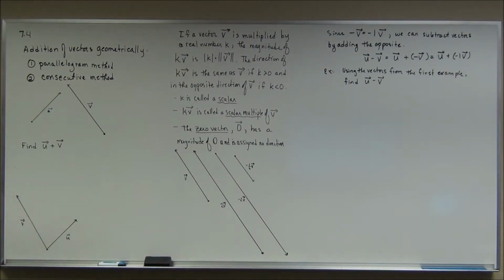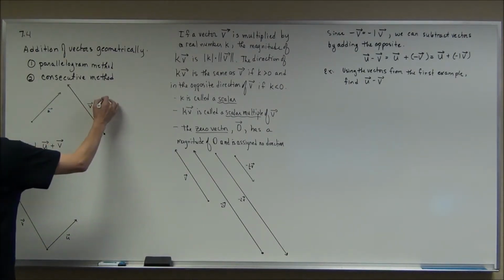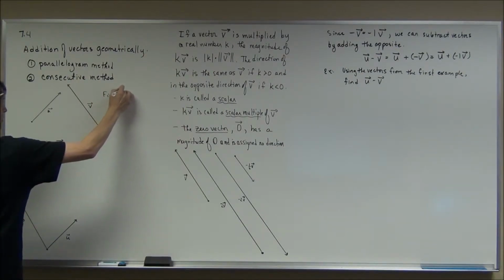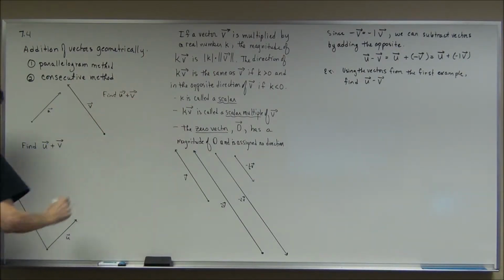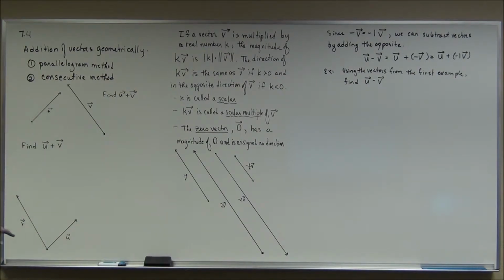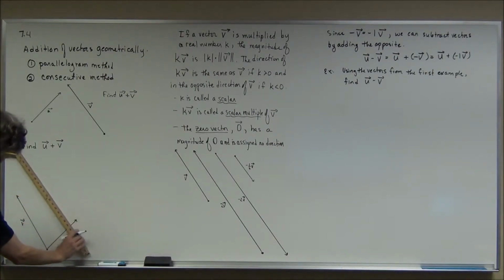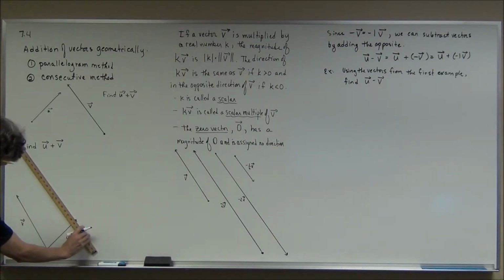Now notice that I've drawn these here. I'm going to put this up here because I might need some space. Let's find vector u plus vector v. I'm going to use the parallelogram method, which means I already have 3 of the vertices of a parallelogram. And so what I need to do is figure out where my 4th vertex is. So I'm going to try my best to keep the same direction and construct this parallelogram.